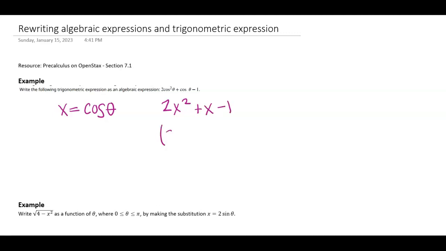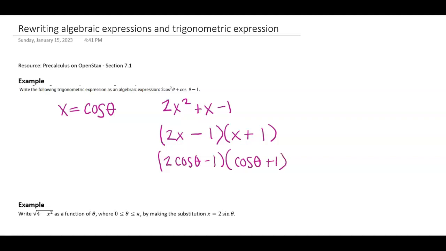So I need to factor this. What that would end up being is 2 cosine theta minus 1, and then cosine theta plus 1.